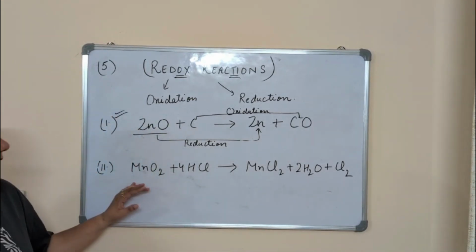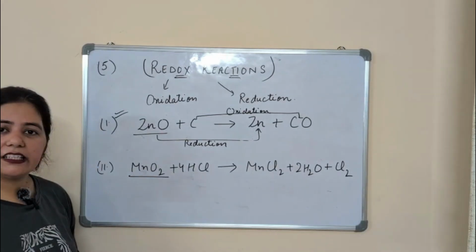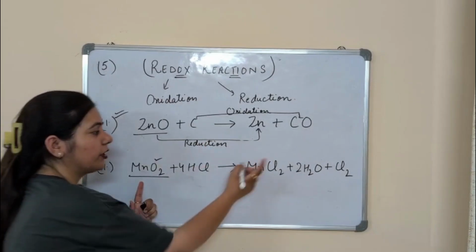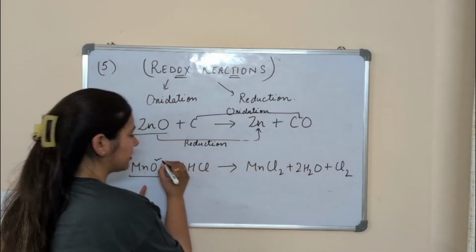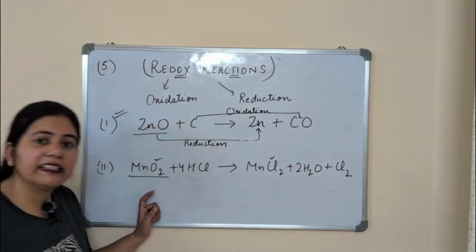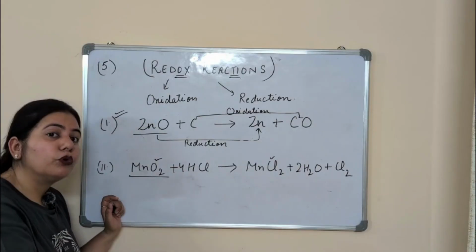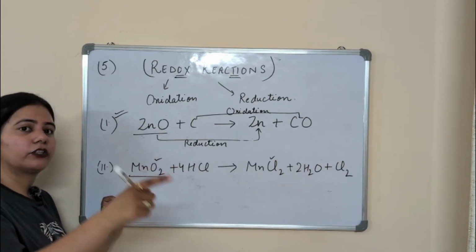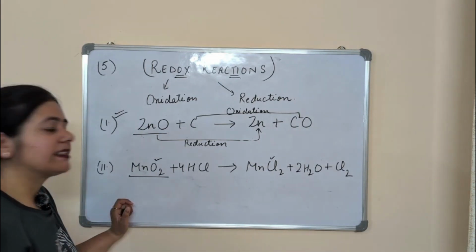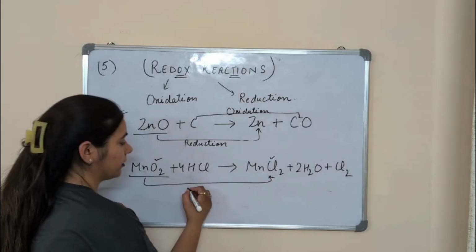In this case we have manganese dioxide in which oxygen is attached to manganese, but on the product side, this oxygen is getting removed from manganese, and what is getting attached with manganese? That is chlorine. It means oxygen is getting removed from manganese dioxide, and removal of oxygen is again reduction. So manganese dioxide is undergoing reduction.